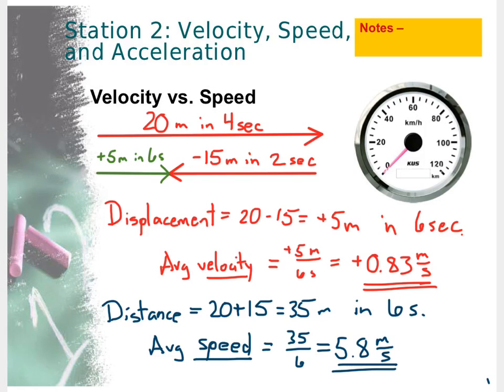Well, it would end up being the same as the average velocity for the first trip. But their average speed would be 5 divided by 6, so their average speed would be a lot less. You can imagine that this person in the green is walking at a much slower speed than the person who is going to the right and then turning around and coming back in that 6 seconds.